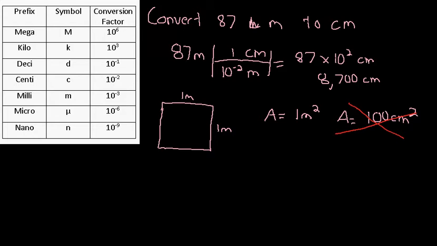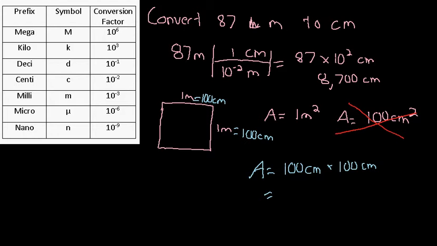Let's see why. If each side of this is 1 meter, we can also describe it in terms of centimeters. So 1 meter we know is 100 centimeters. If that side's 100 centimeters, this side is also 100 centimeters. So the area, length times width, is 100 centimeters times 100 centimeters.